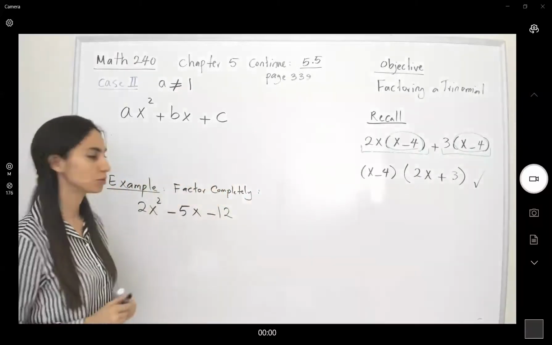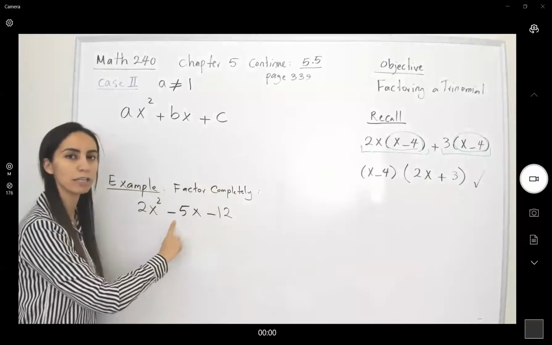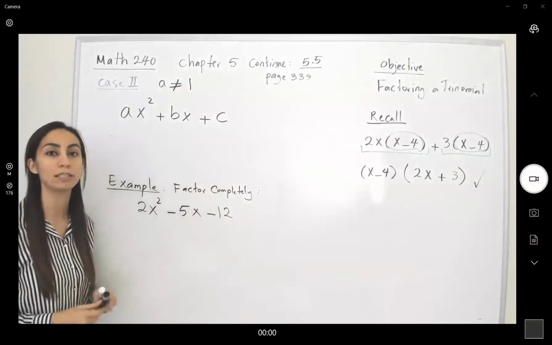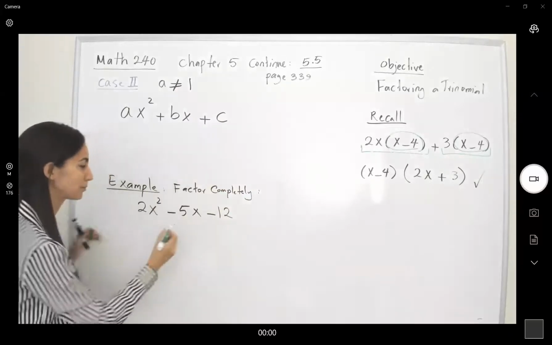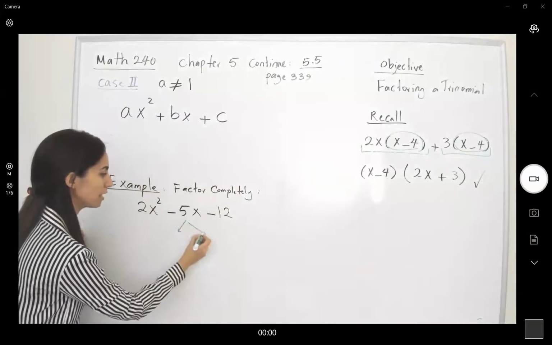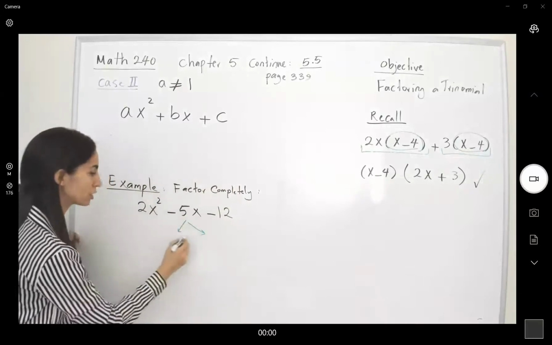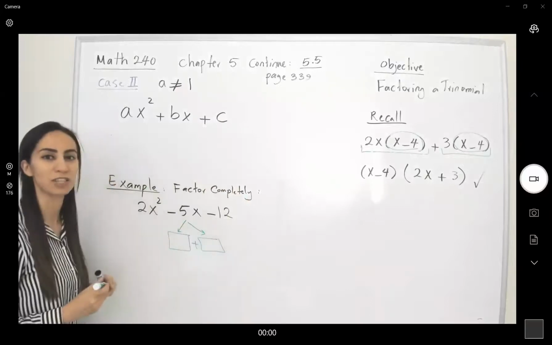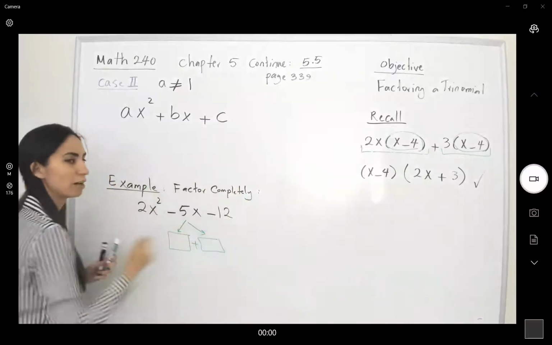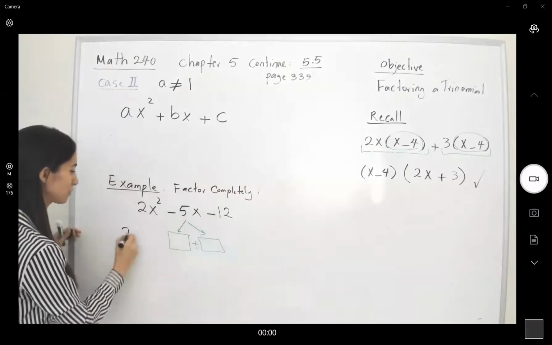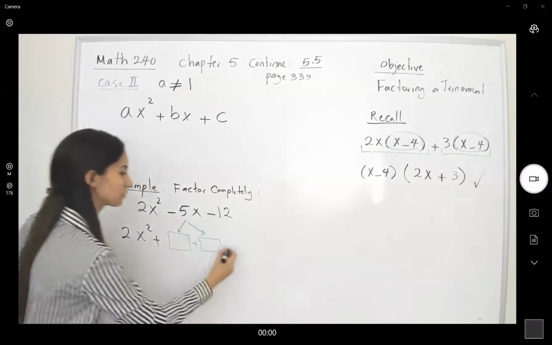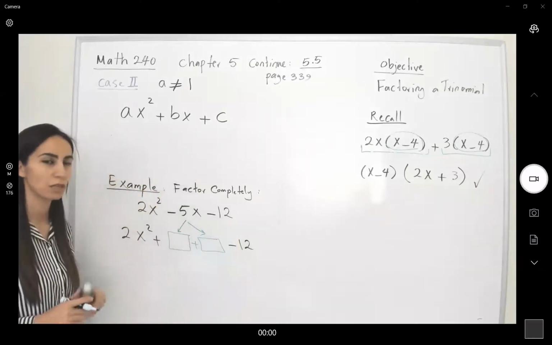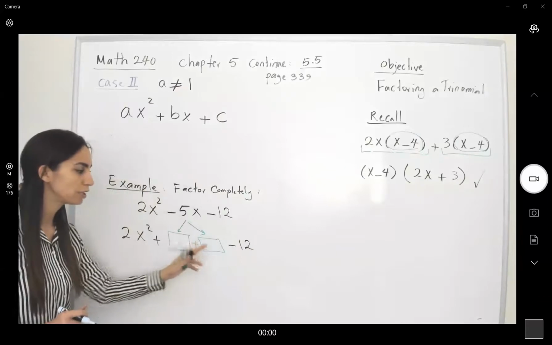What I'm going to do is break down the minus 5x into the sum of 2 other linear expressions. How do I do that? So break negative 5x into the sum of 2 other linear expressions. Copy down the first term and the last term, 2x squared plus and minus 12. So what are these two terms?